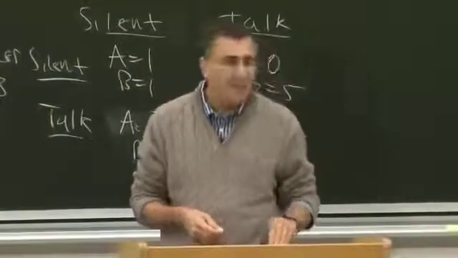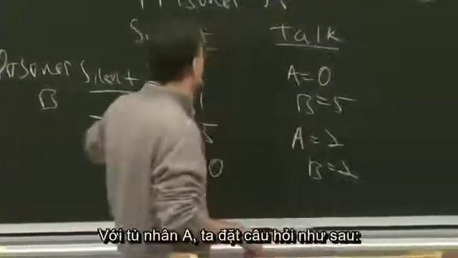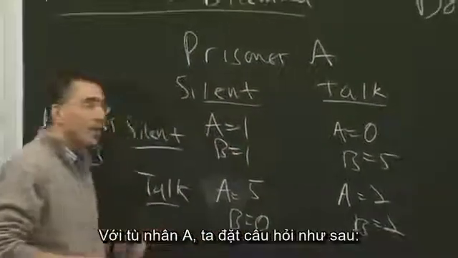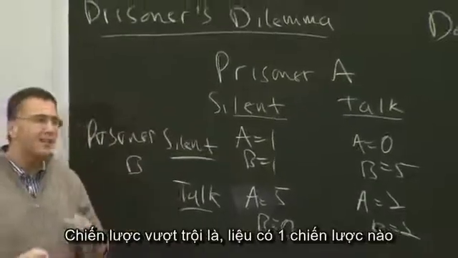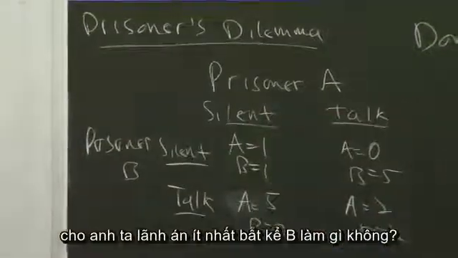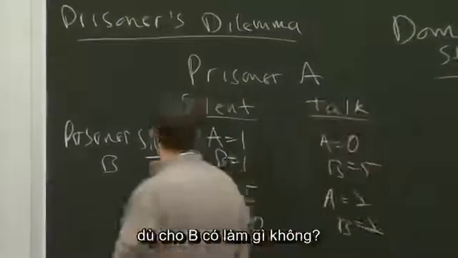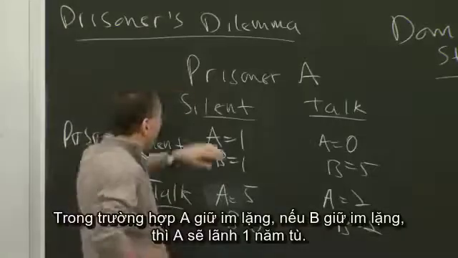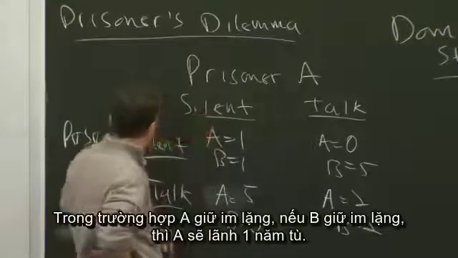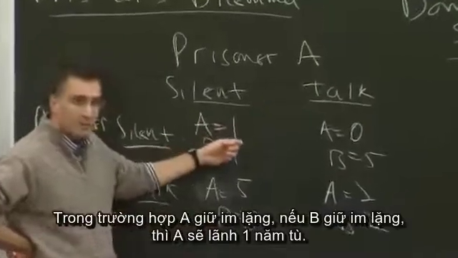So the way it's a dominant strategy, we run through, take prisoner A, and ask the following. Is there a strategy that makes A better off regardless of what B does? Let's go through. If A remains silent, if B remains silent, he gets a year.